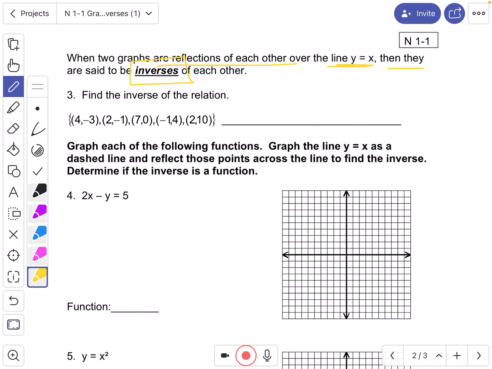So on number 3, it says find the inverse of this relation. Remember, we've gone over relation before. That's just a set of ordered pairs. So we have a list of ordered pairs here. We're just finding the inverse. We just said for inverse, all you have to do is switch your x and y value like we did on the front. So if I list out the inverse of this, all I'm doing is switching those x's and y's.